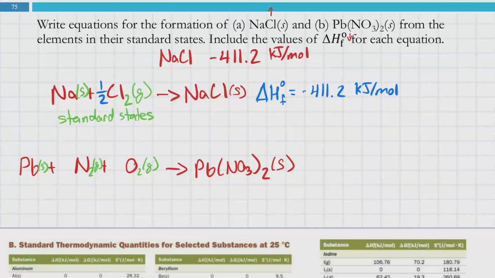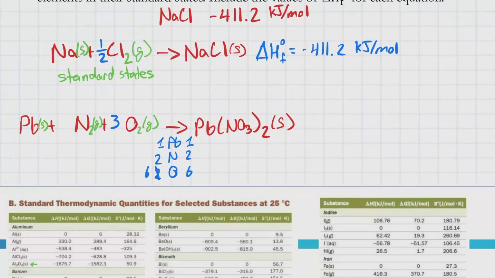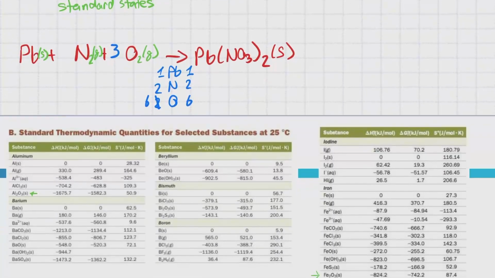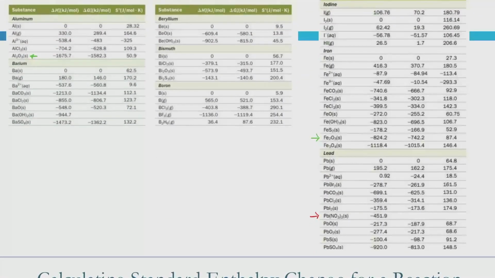We've got lead 1 and 1 on both sides. Nitrogen, we've got 2 on the left. We've got 1 per nitrate, and we've got 2 nitrates, so that's 2 nitrogens. For oxygen, we've got 2 on the left, 3 times 2 on the right, so we need a coefficient of 3 in front of our O2. That'll get our oxygens balanced. And then we need to go steal that standard heat of formation value from our table. It's negative 451.9.